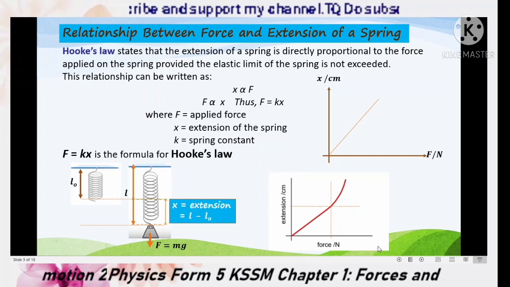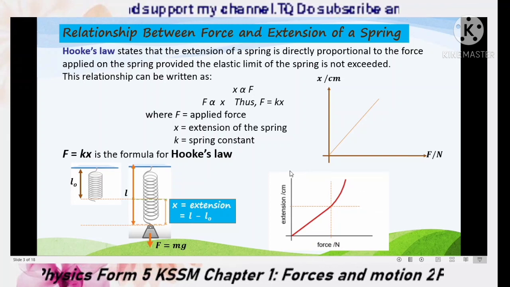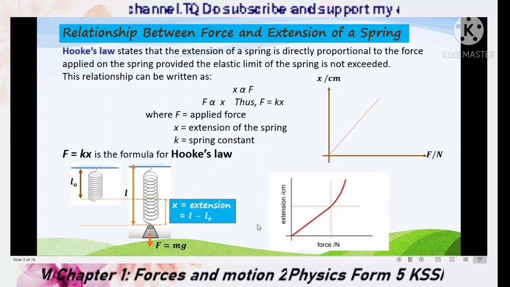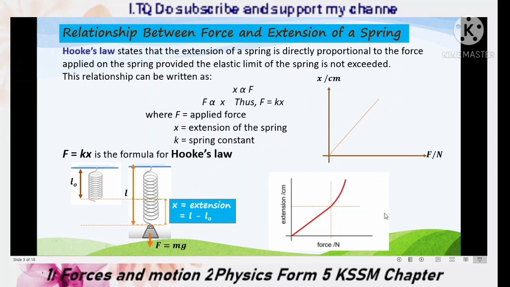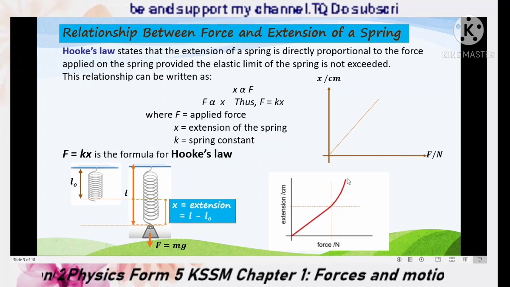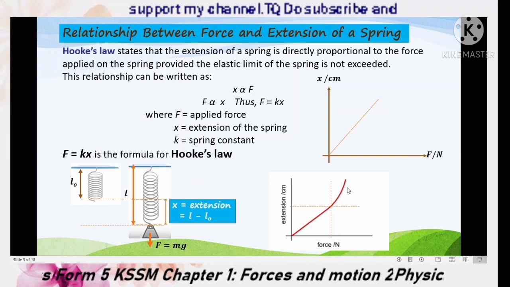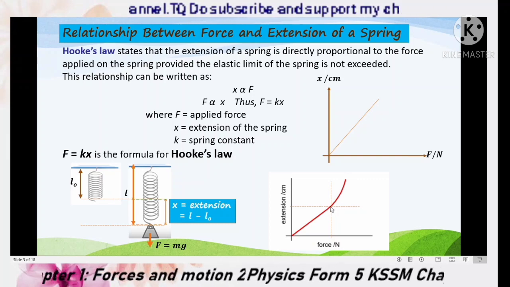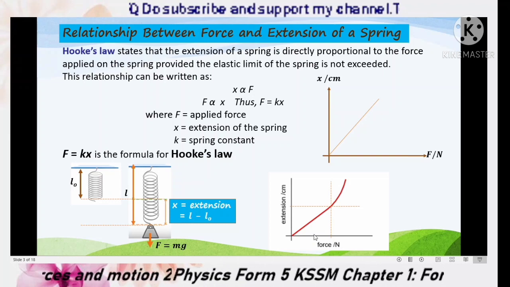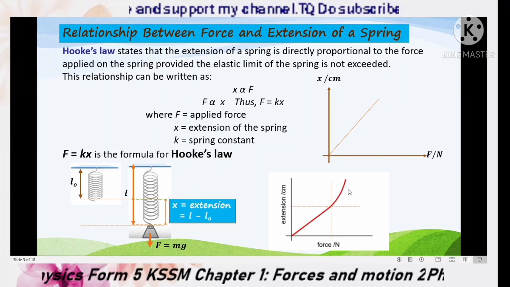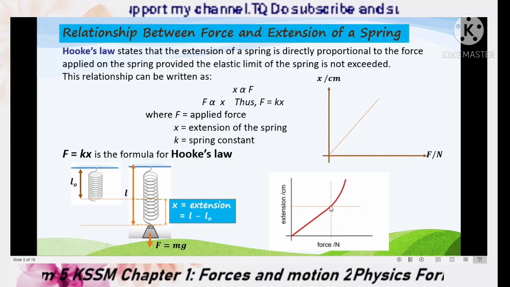Let's say we have done the experiment and repeated it a few more times until we get this graph. After a certain value of weight hung on the spring, you can see the line of the graph becomes curved, no longer a straight line.